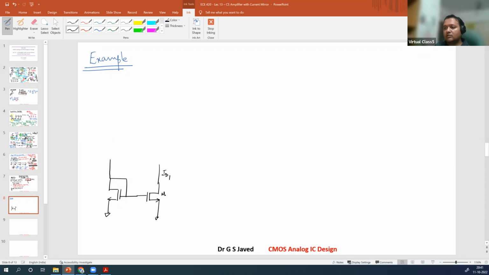So I will call this M1, sorry, M2. This is M1. This is ID1. Then similarly, I want another circuit here, M3 with current ID3.